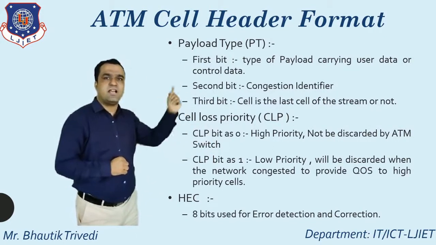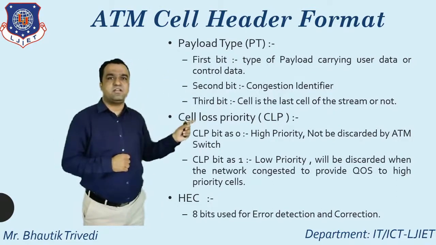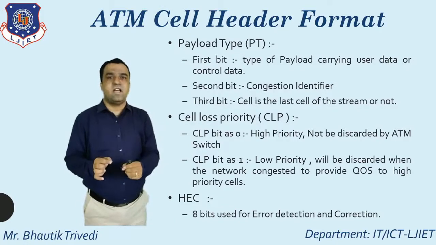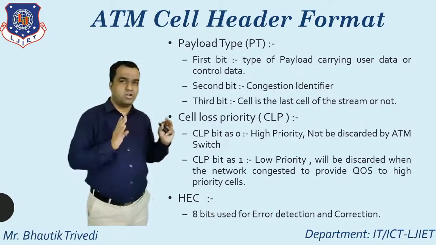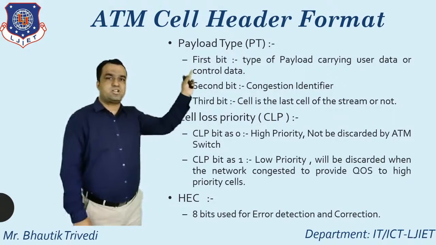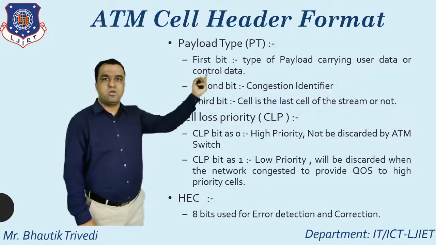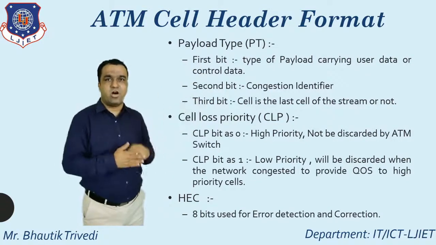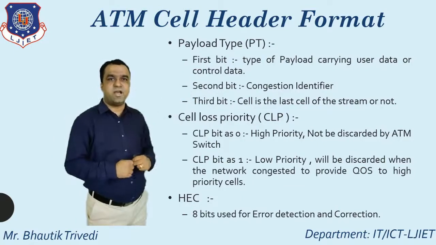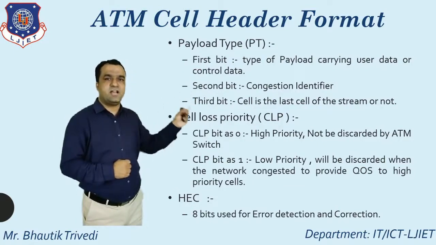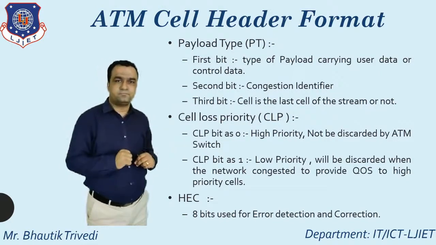The second bit identifies the congestion indicator. And the third bit identifies whether the cell is the last cell of the stream or not.